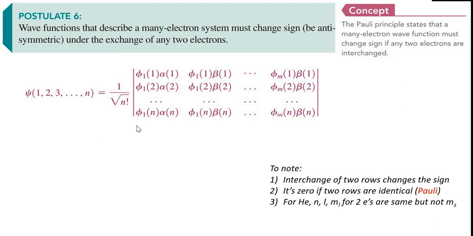And the last row is phi 1 of n alpha of n, phi 1 of n beta of n, phi 2 of n alpha of n, phi 2 of n beta of n, and finally phi m of n alpha of n, phi m of n beta of n. It would be easier to understand with a simpler example, 2 by 2, but I am trying to explain it in general.